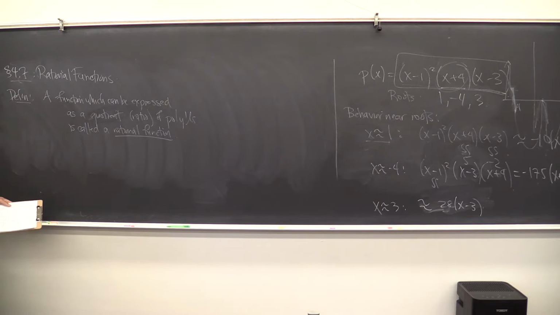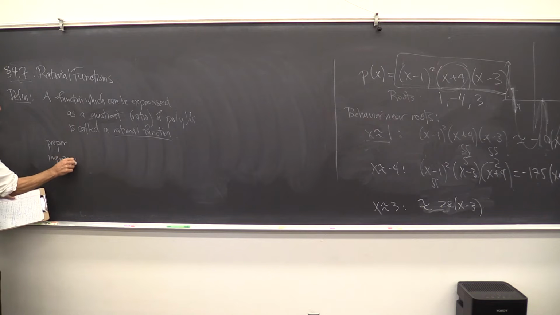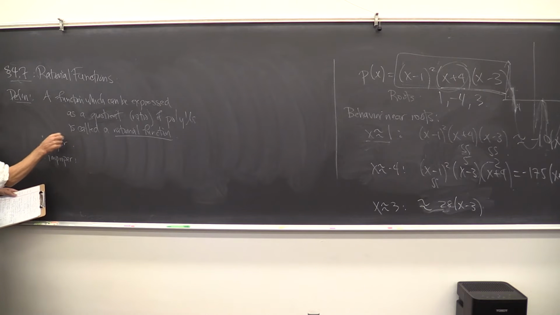Often one makes another definition of proper and improper. Just like you've got proper fractions and improper fractions, maybe you can guess what a proper rational function would be. You know what a proper fraction is, right?